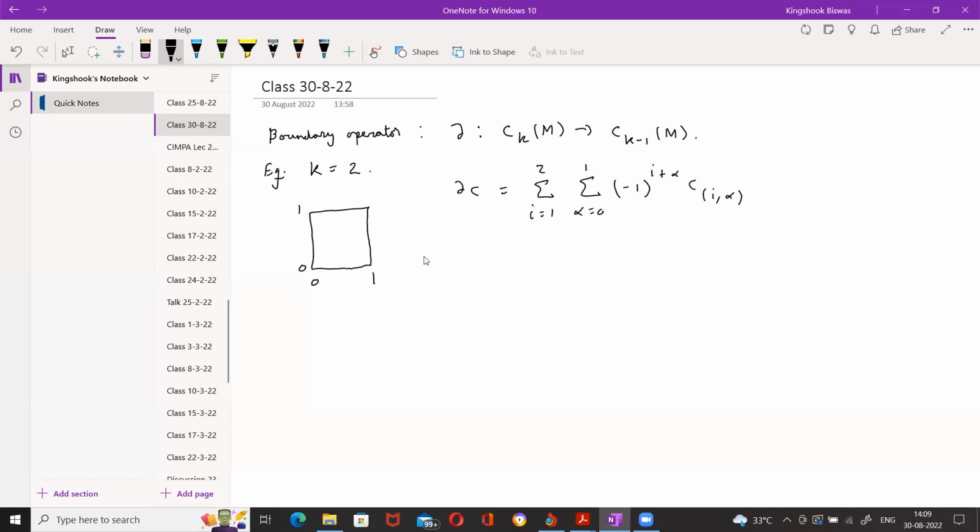Okay. All right, so let's work this out. When i is equal to 1 and alpha goes from 0 to 1, what do we get?